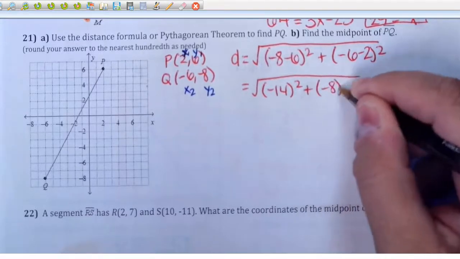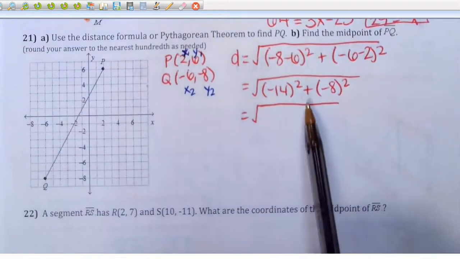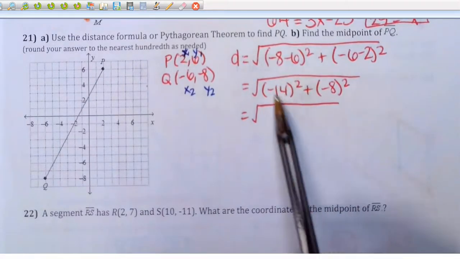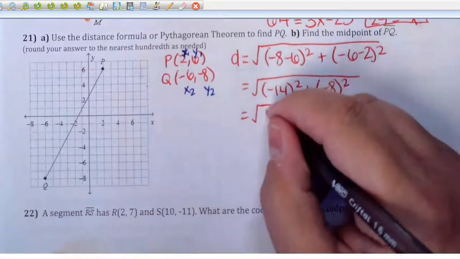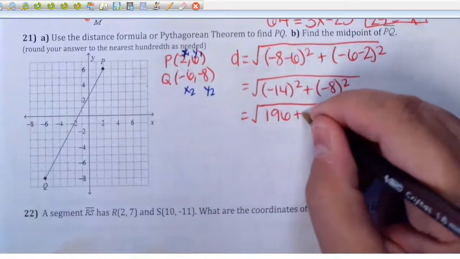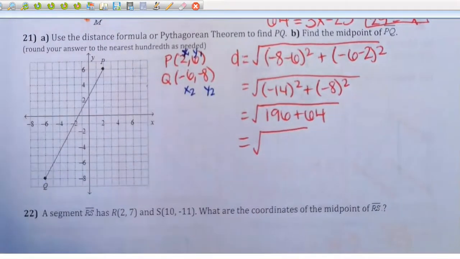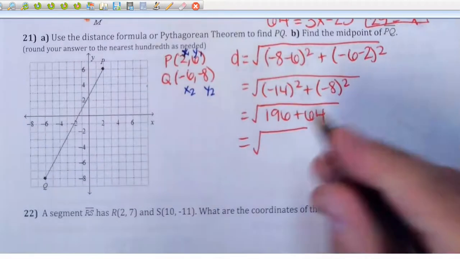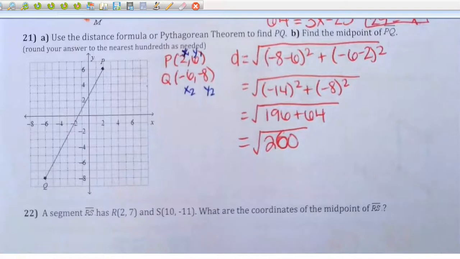And then remember here, as you do this, you've got to simplify the inside under the radical before you take the square root. So this is 196 plus 64, and then the square root of that is going to give you 260. That's not a perfect square, so I'm going to break this down.